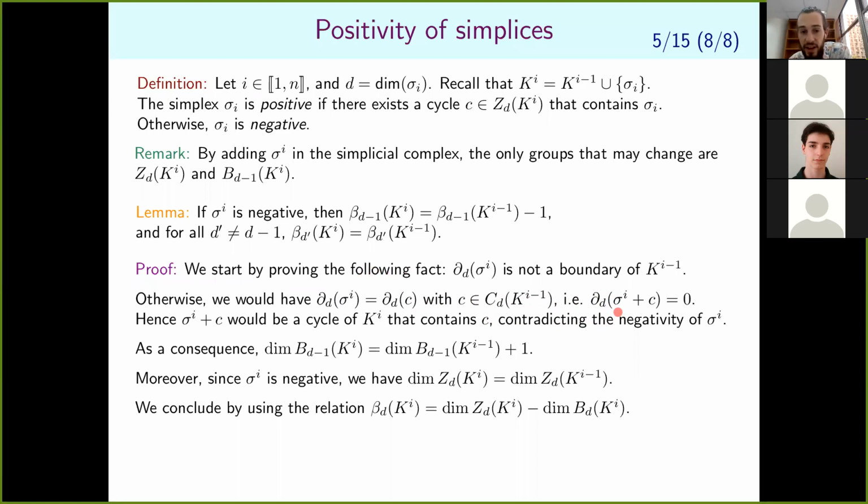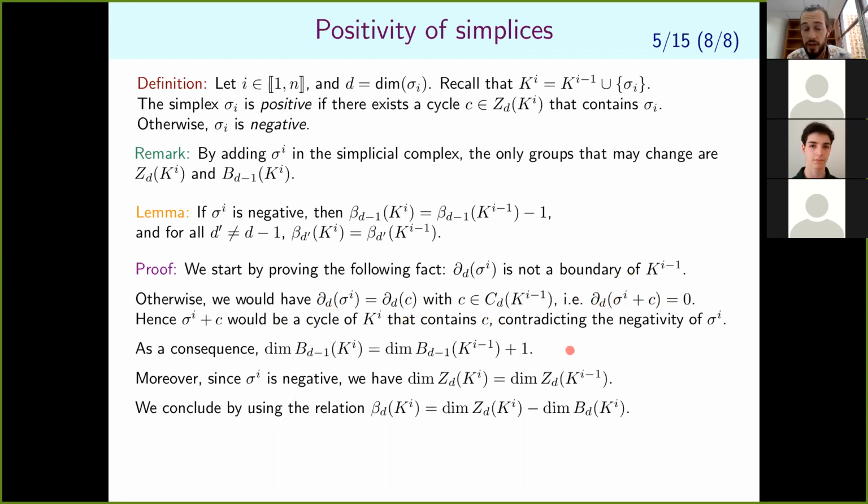But remark that C plus sigma I is a chain that contains sigma I, because sigma I is not in C. So when I take the sum, we have a chain that contains sigma I, and this chain is a cycle, because its boundary is 0.